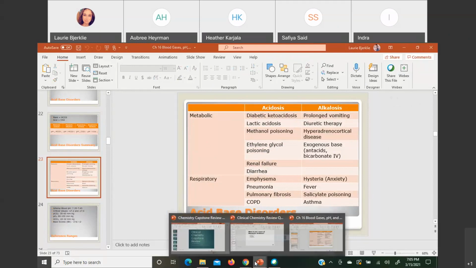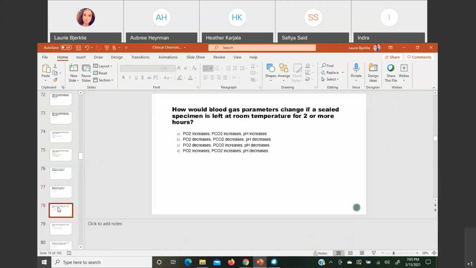Okay. All right, a little critical thinking time. How would a blood gas parameter change if a sealed specimen is left at room temperature for more than 2 hours? If you had a sealed blood sample, how would the blood gas values change?